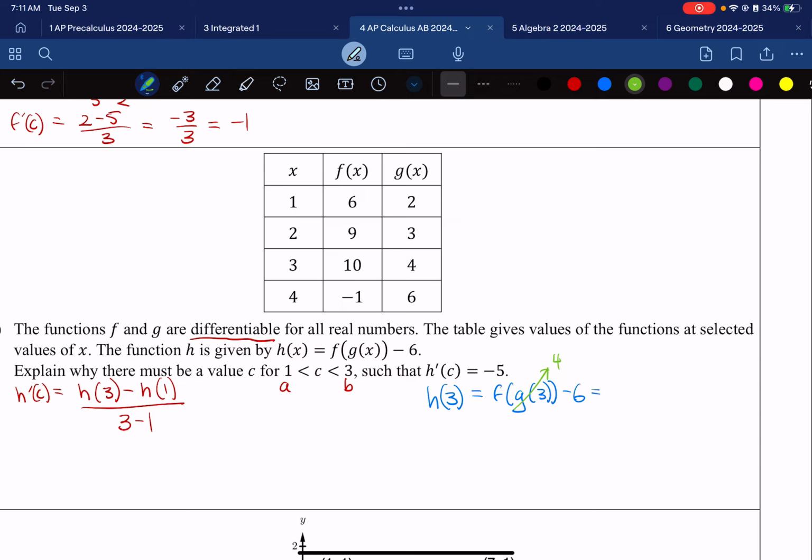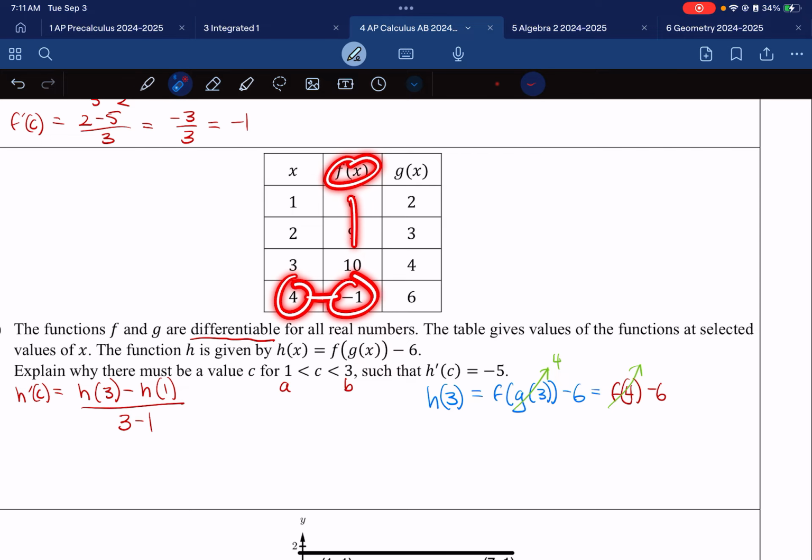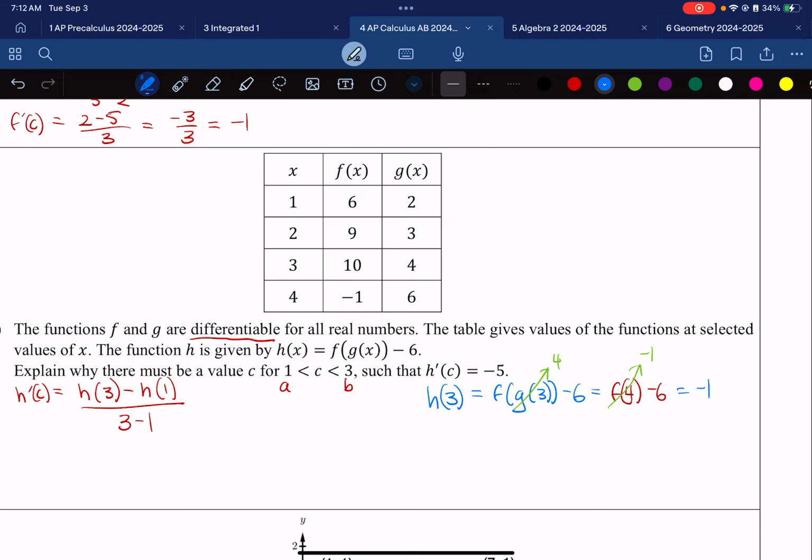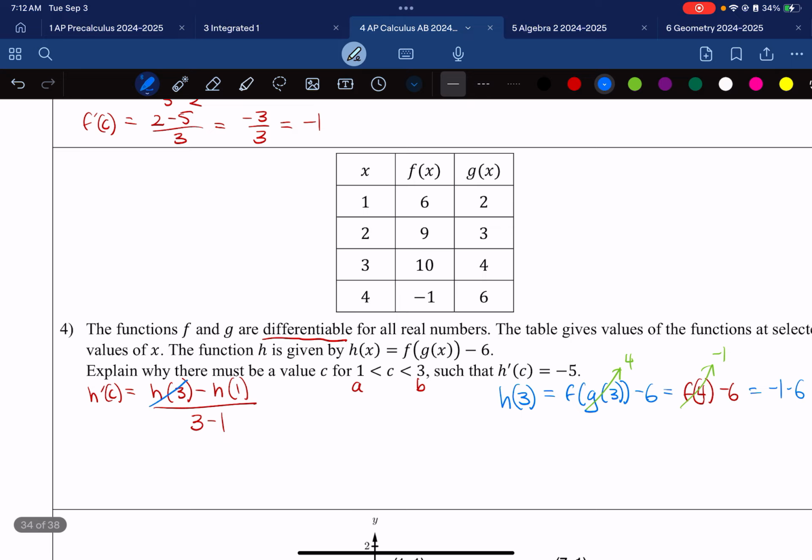So now my equation says f of 4 minus 6. And f of 4, what are you? F of 4 is negative 1. So I can change you to a negative 1. So this is really going to be negative 1 minus 6, which is a negative 7.